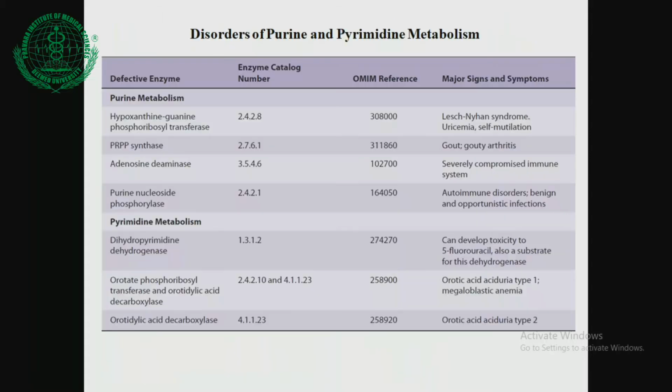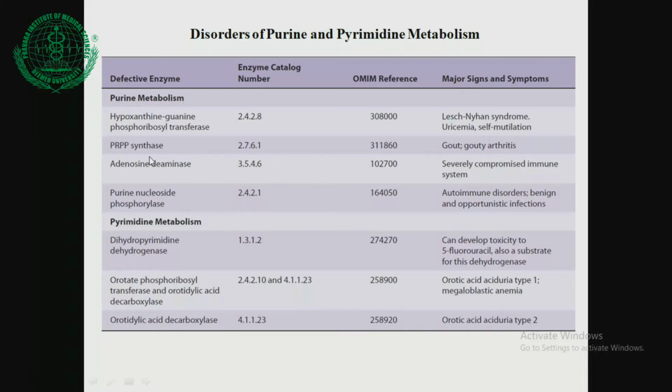Accumulation of uric acid can have clinical manifestations. In case of enzymes involved in purine metabolism, such as hypoxanthine guanine phosphoribosyl transferase, the absence of this enzyme, HGPRT, leads to a clinical manifestation called Lesch-Nyhan syndrome and hyperuricemia.